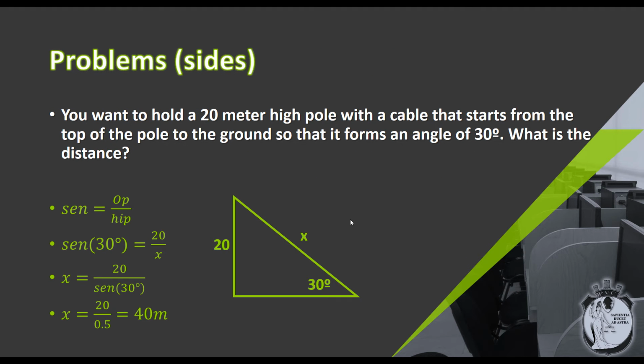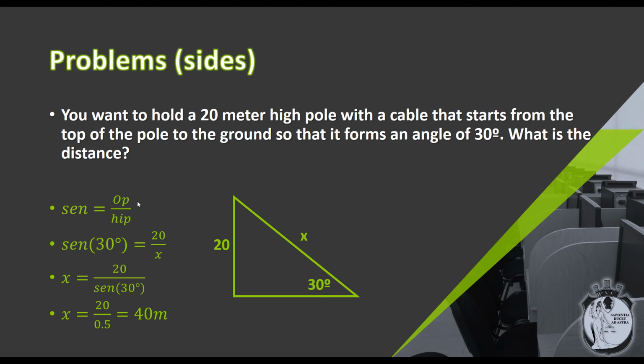Here you need to check what data you have. For example, here you have one angle, that angle. What data do you have? The opposite side of that angle, and you need to calculate the hypotenuse. So you need to use the trigonometric function that uses that data. Which one? Sine.